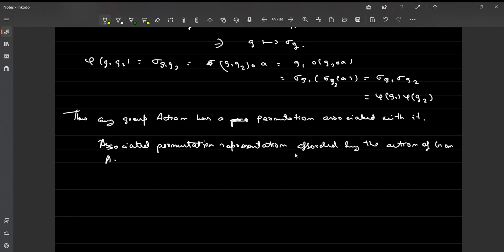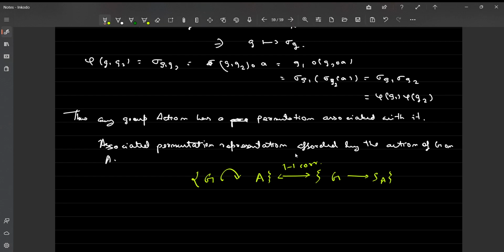Clear? One more thing to observe here is that if you consider the set of all permutations from G to SA, so you have a group G and a set A, then you form a collection of all possible actions of G on A, and you form the set of all possible mappings from G to SA. Then there's obviously a 1-1 correspondence between them. Why is it so?